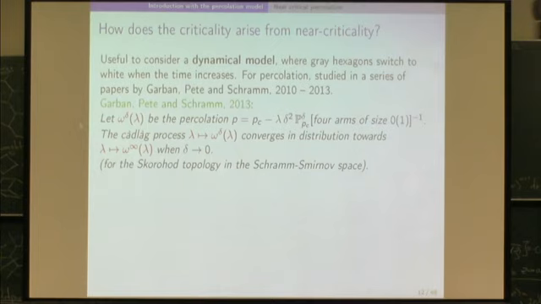It converges for the Schramm-Smirnov topology on quad-like processes, where you keep the information about all the quads in your picture.